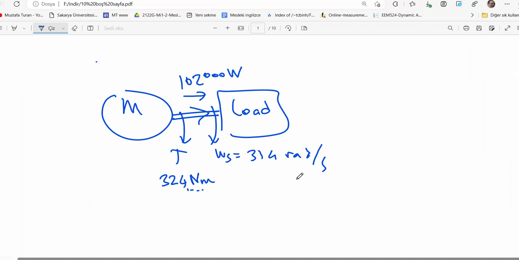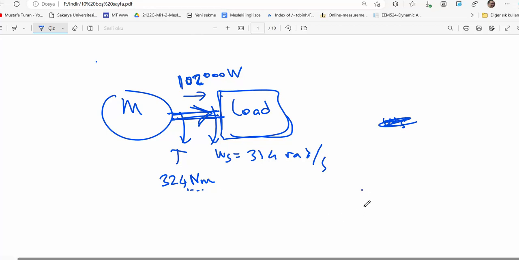Okay. We got to the point. The load is consuming such a power. The motor is supplying such a power. The system is in equilibrium, in balance, since there is no change in speed.